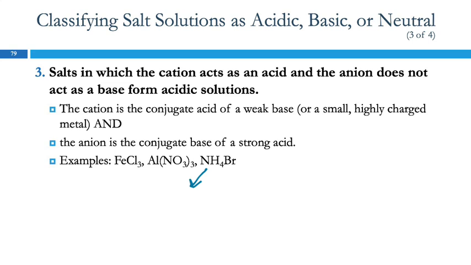Well, that's not a metal, right? We could try slapping an OH on that, and we get ammonium hydroxide. So that's NH4+. That is the conjugate acid of a weak base.